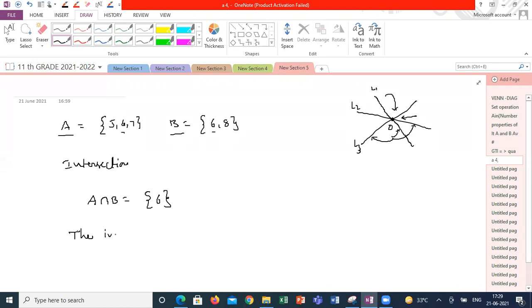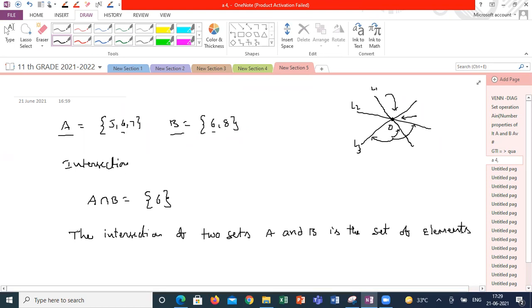The intersection of two sets A and B is the set of elements which are common to both the sets.